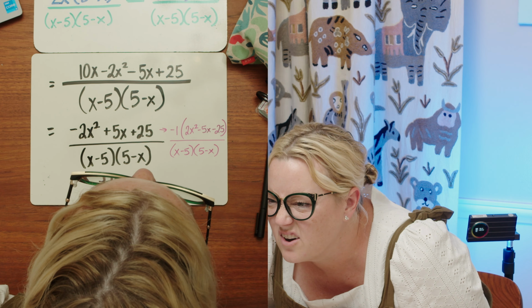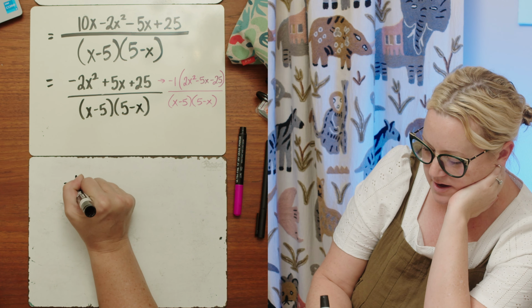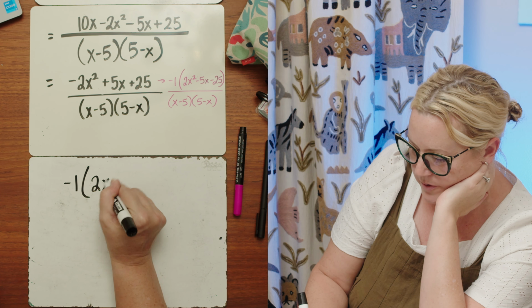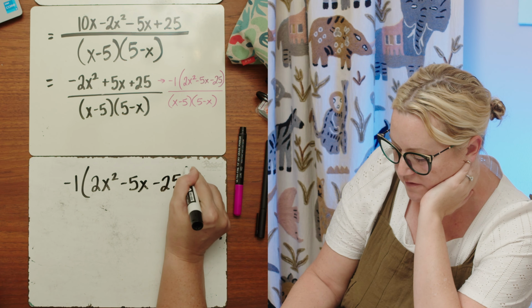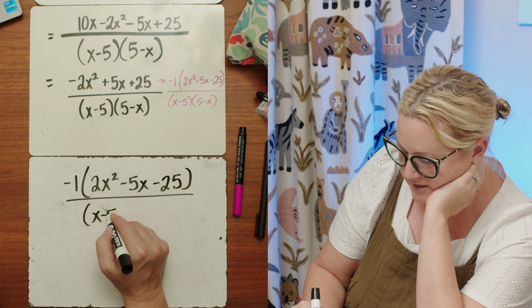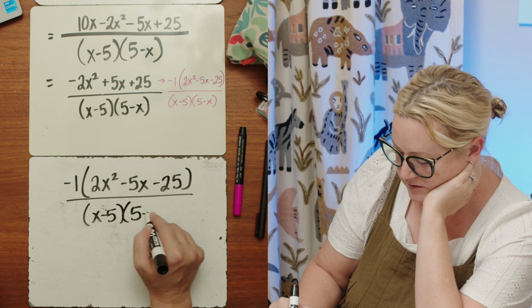So now if I divide everything by a negative 1, and I did just notice a simpler way to do this, a simpler common denominator, but that's okay. Now I'm looking at negative 1 times 2x squared minus 5x minus 25 over x minus 5 times 5 minus x. I'm going to factor this quadratic, which we've talked about in the past.